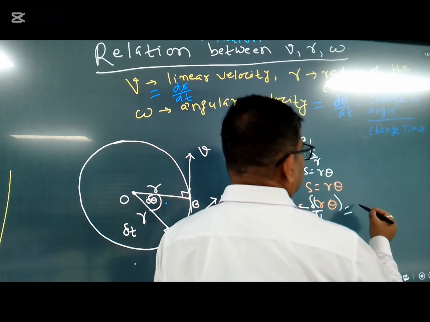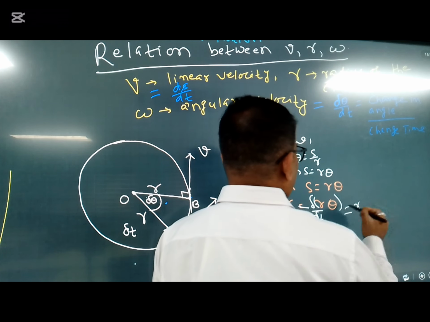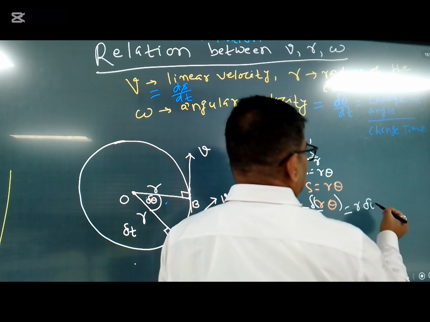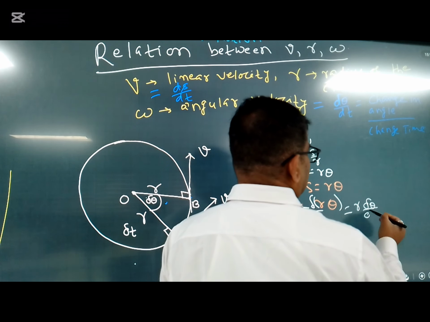R is outside, this is del theta by del t. Now let's apply the limit. Limit del t tends to 0, del S by del t equals R del theta.